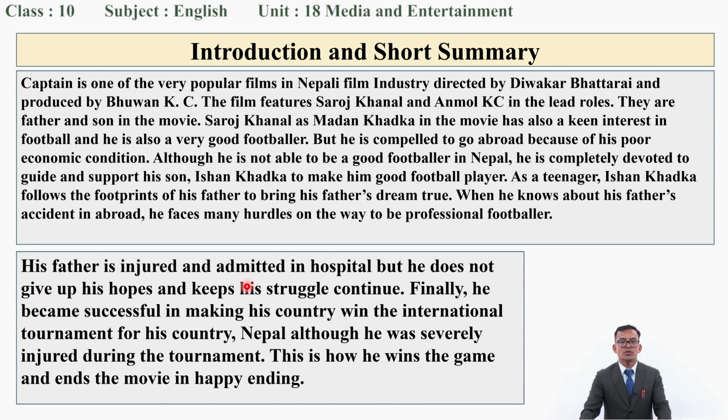His father is injured and admitted to hospital, but Ishan does not give up his hopes and keeps his struggle continuing. And finally, he becomes successful in making his country, Nepal, win the international tournament.